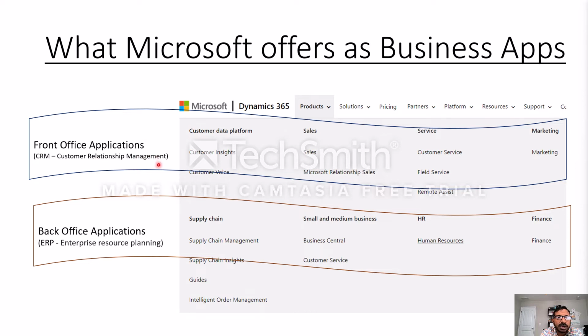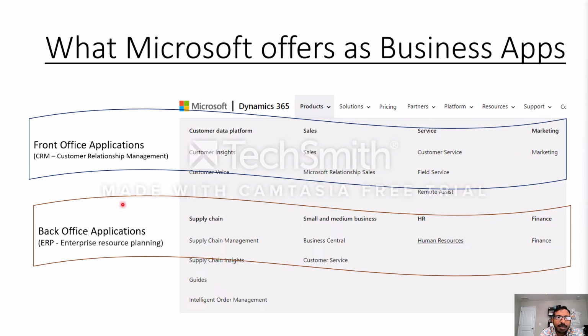What does customer relationship management mean? An application that helps the company or the resource to maintain or manage the relationship with the customer. Example: sales, service, marketing apps. So these apps help to perform the sales, service, and marketing related functions effectively.